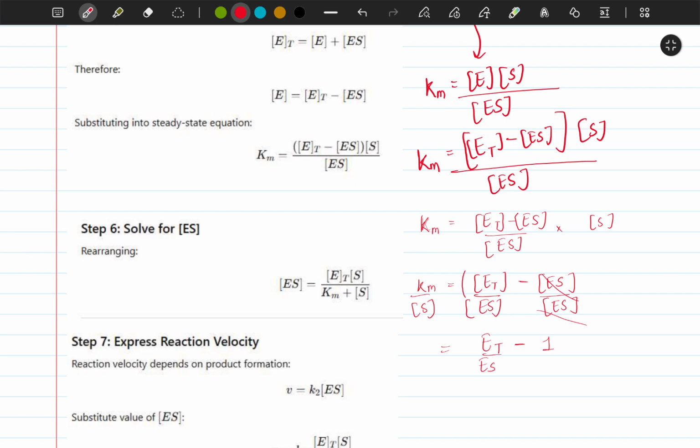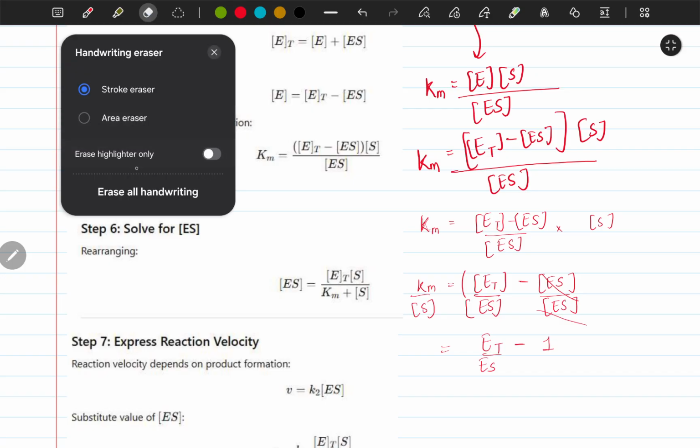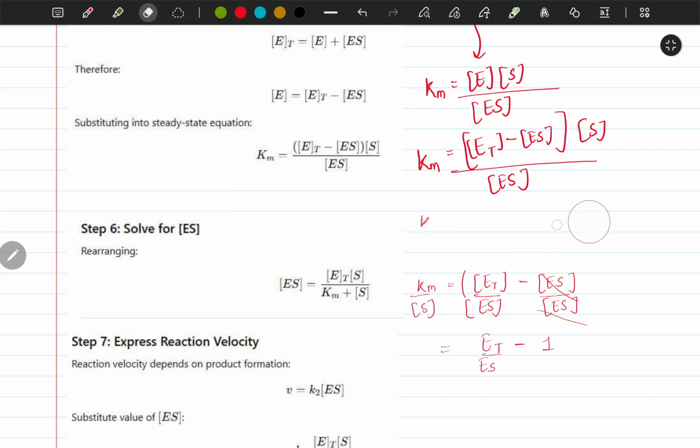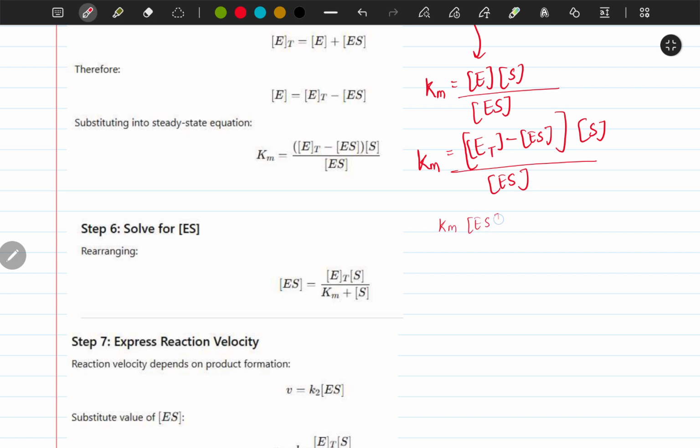This is not looking cool. Let me try it again. So Km ES upon S is equal to ET minus ES. I want this ET and ES together.